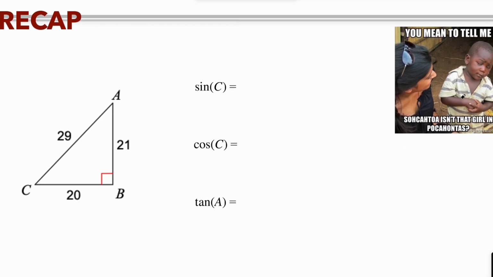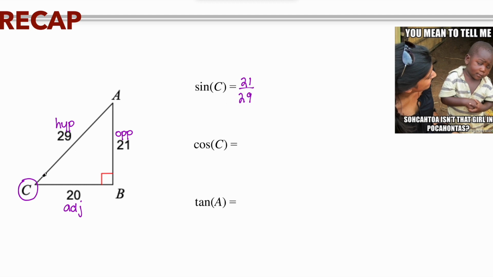So to recap, first, when we think of SOH CAH TOA, we are looking for a trig ratio. So for this first one, according to this angle, this becomes my opposite side, this becomes my adjacent, and this becomes my hypotenuse. So the sine of this angle is going to be my opposite over my hypotenuse.